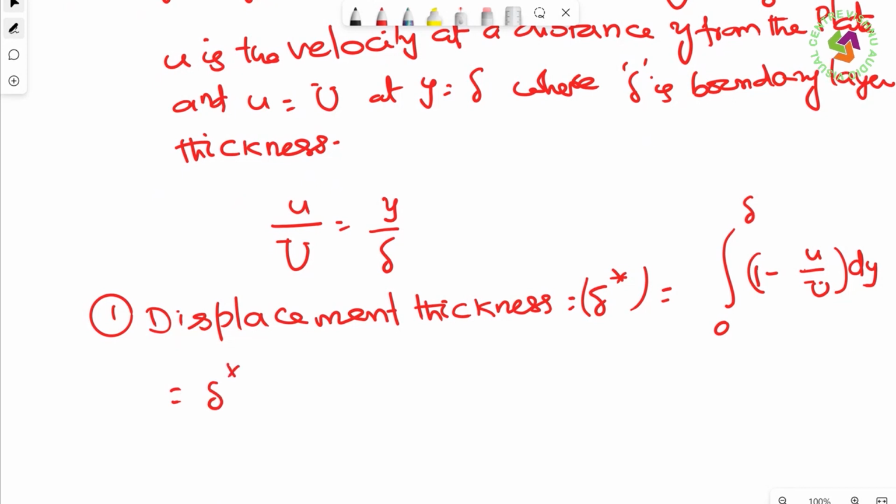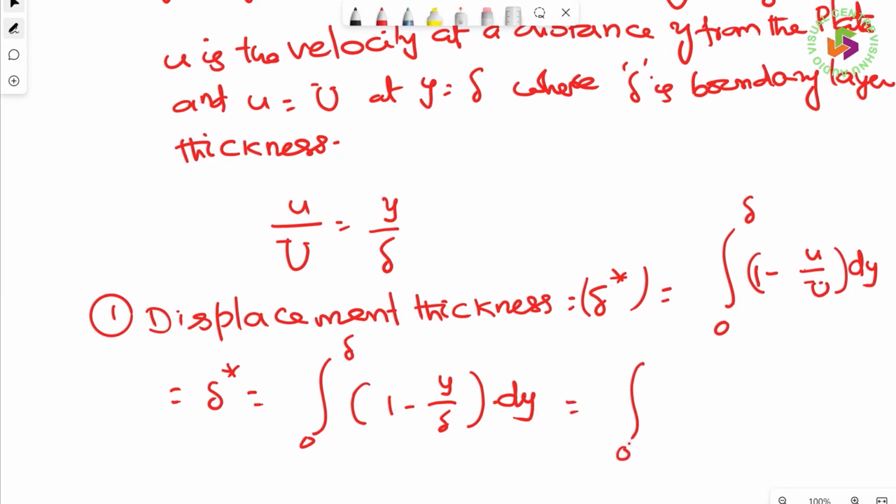Therefore, delta star is equal to the integral from 0 to delta of (1 minus y by delta) dy. It is equal to the integral of dy minus y dy by delta.